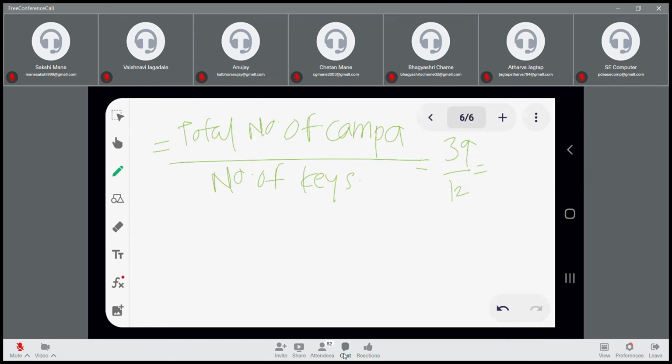Someone quickly do the calculation. Tell me the answer fast. 39 divided by 12 is 3 point 25. Is it correct?